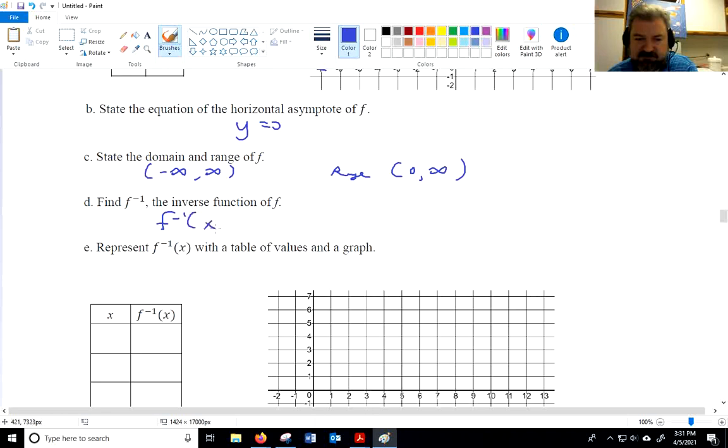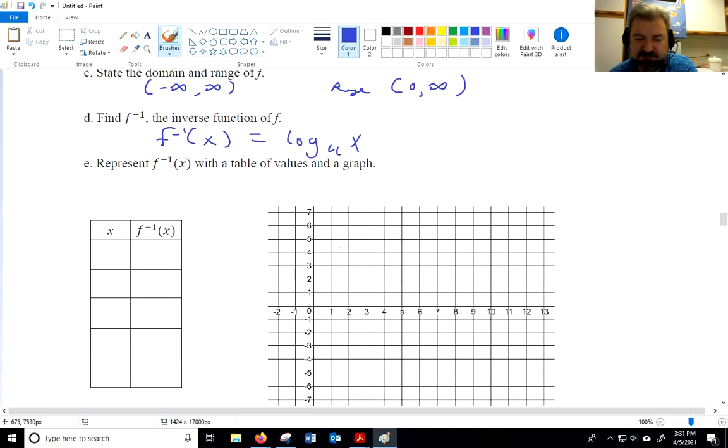The inverse, since we're doing 4 to the x, is log base 4 of x, which will have all those points flip-flopped. So we had 1/4, 1/2. No, that's not true. We had 1/16, 1/4, 1, 4, and 16. This is -2, -1, 0, 1, and 2.